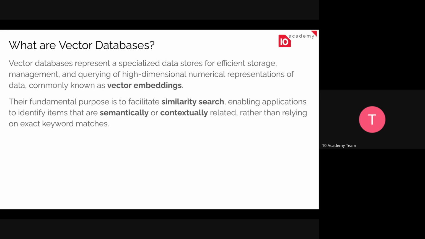So think of it this way: when you type in the wrong word, or rather the wrong spelling of a word, you still get a match. That's not a good example actually, but pretty much close, right? So your data is going to be converted into these embeddings, and your query is also going to be transformed into these embeddings.